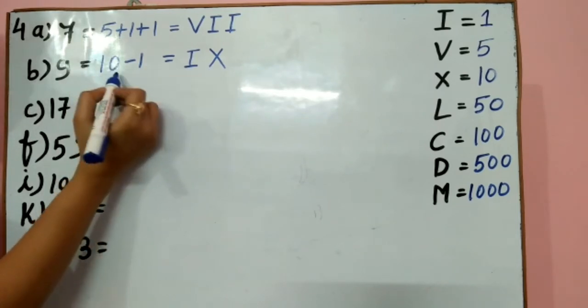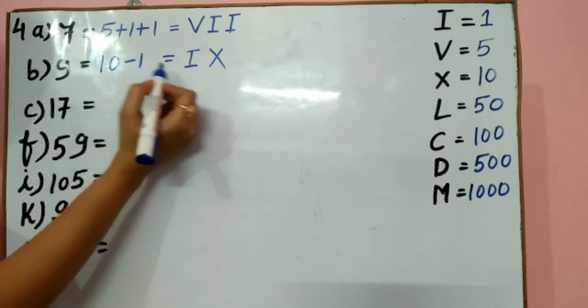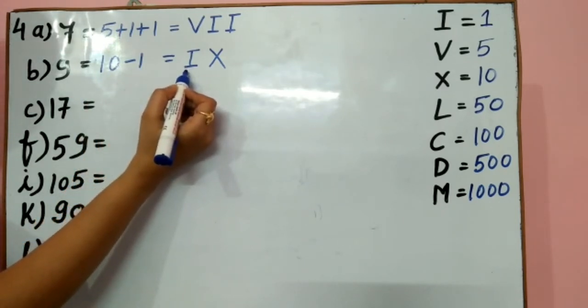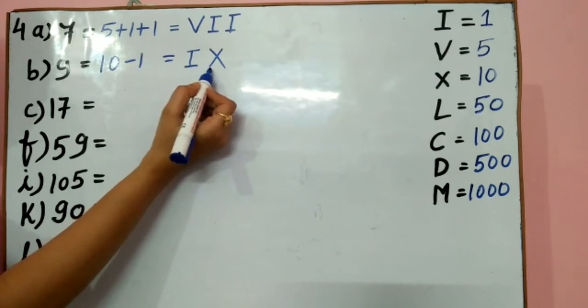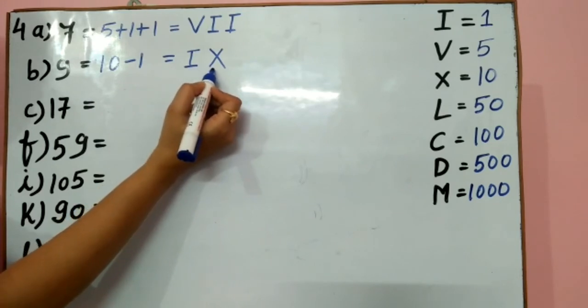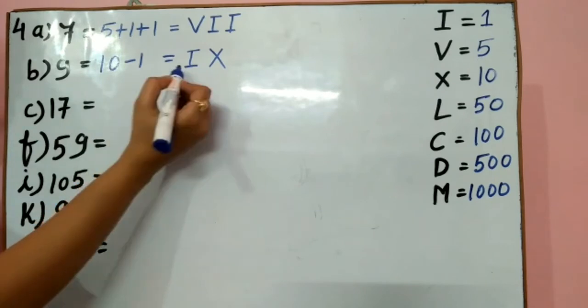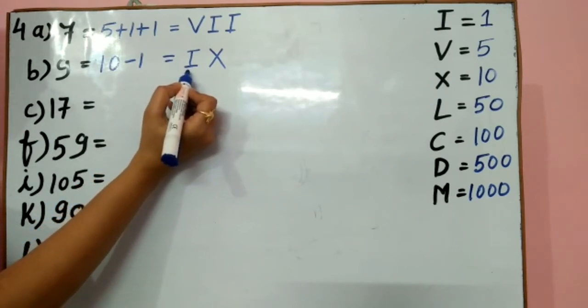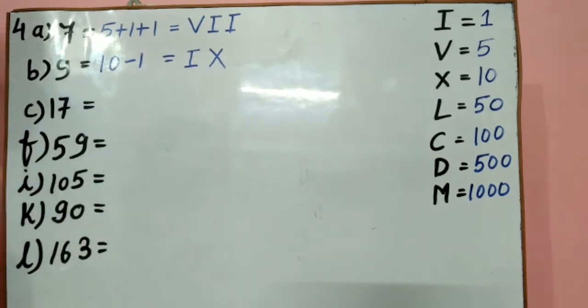I repeat, for subtraction, we always write a letter of smaller value to the left of a letter of greater value. That's why I have written I to the left of X, because I has a smaller value than X. Understood?